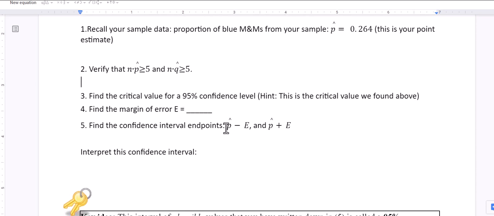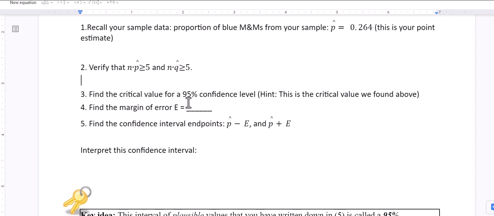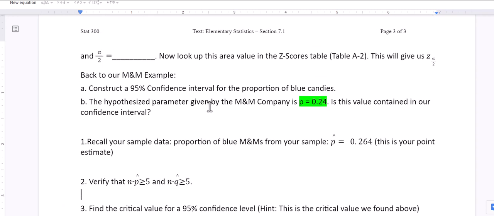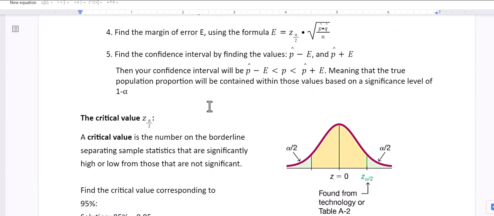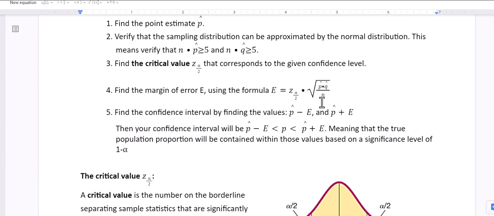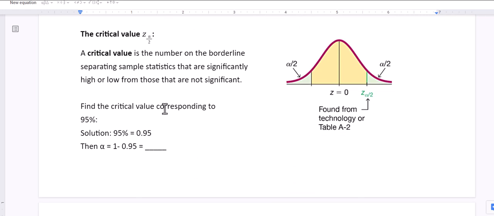The margin of error is your critical value times the square root of p hat q hat over n. So the thing that will change will be your critical value. When you have 90%, this will be 0.90, and then 1 minus 0.90 is 0.10, so your alpha over 2 will be 0.05.